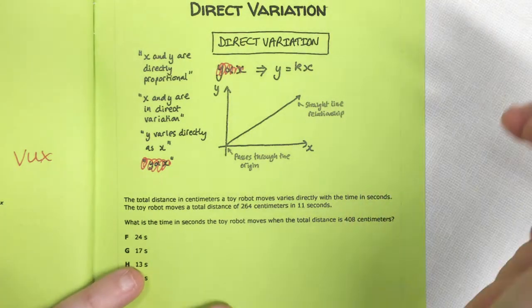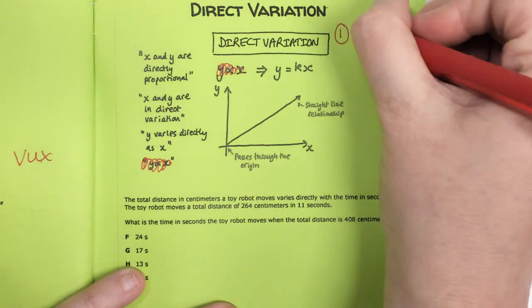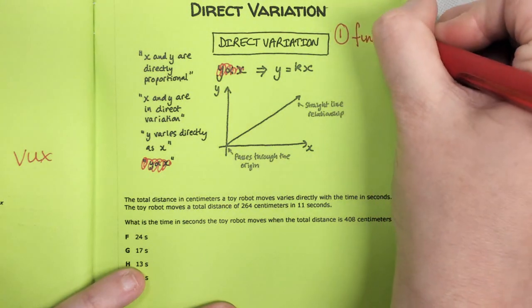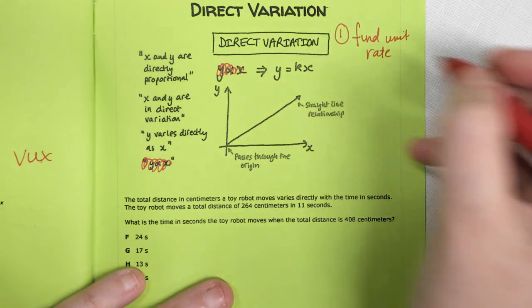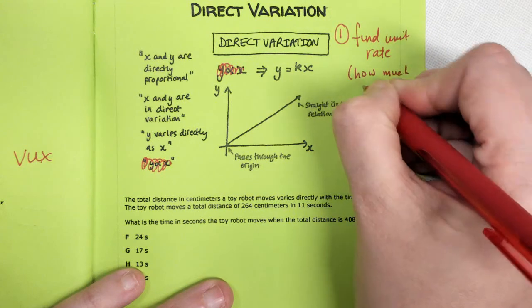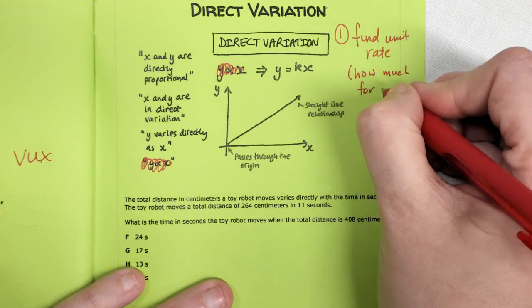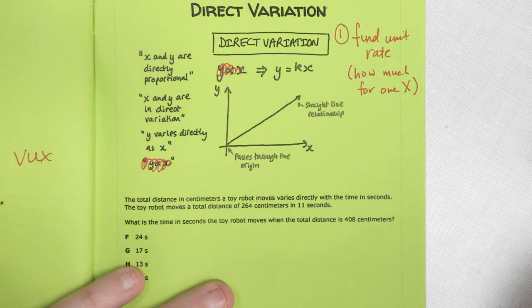So here's our strategy for direct variation. It's pretty simple and straightforward, but hopefully it works for you. Step 1, we're going to find our unit rate. That means how much for 1, specifically how much for 1x. How would I find out how much 1x was?